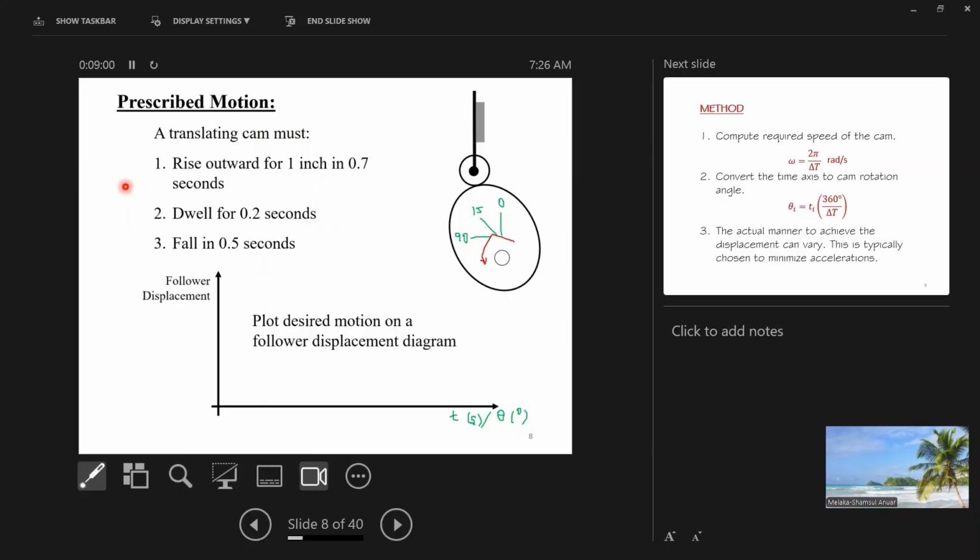So in this case, it will rise outward, meaning outward from the base circle that you decide or choose, and that rise will be 1 inch, and it'll tell you the time taken, and you can correlate this to how many degrees of rotation of the cam.